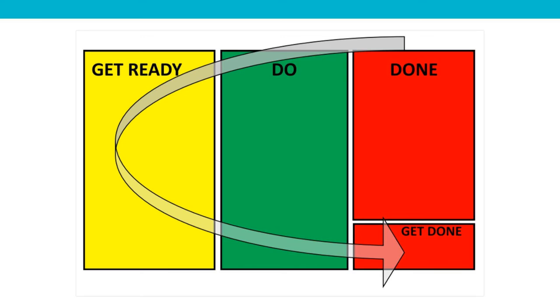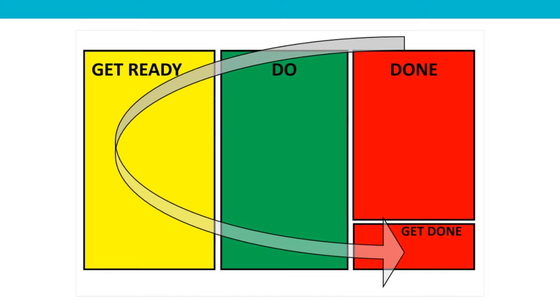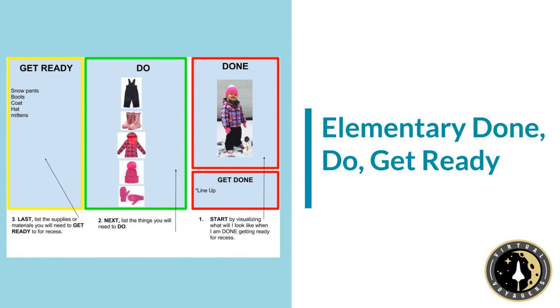Next, we move to do and outline the specific steps required to complete the task. Then comes get ready, in which we identify the needed materials, supplies, or resources for the task. Once we work backward to make the plan, we are ready to move forward and work the plan by gathering supplies and following the steps for completion.